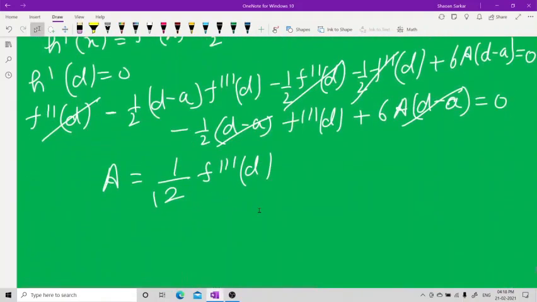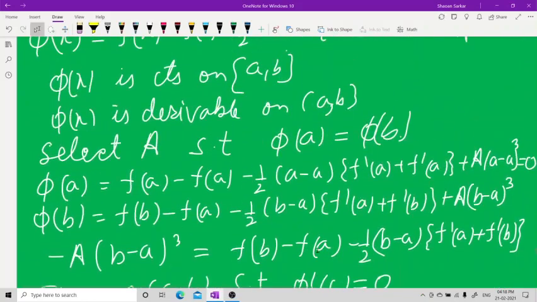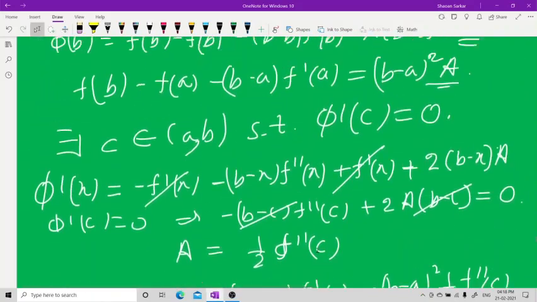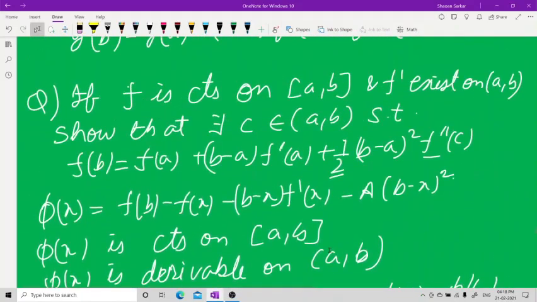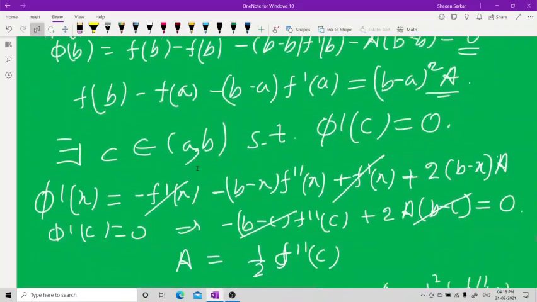So now you have phi(x) is equal to f(x). Wait, where is it? Here it is, f(b). Wait a minute, I made a mistake.